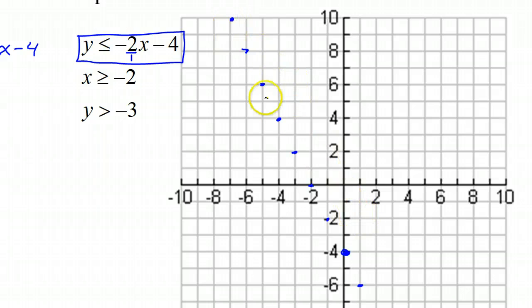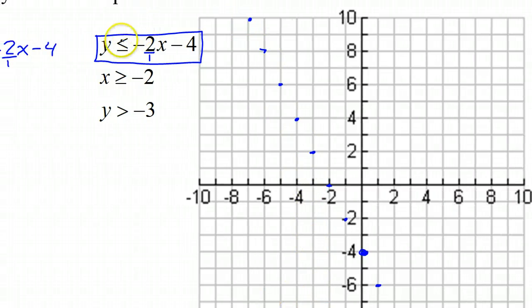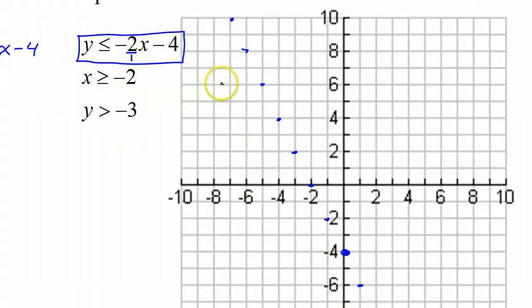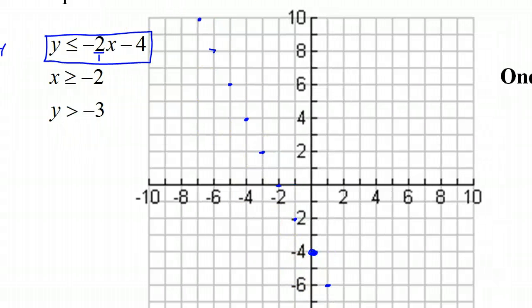Now, we have to be careful before we draw the line, because sometimes it's dotted and sometimes it is solid. When it has an equal to line, when it's less than or equal to, or greater than or equal to, you draw a solid line to show that the border is included in the solution.